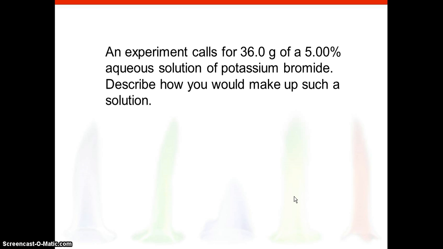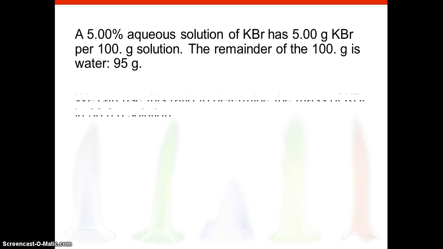Now let's take an example. An experiment calls for 36 grams of a 5% aqueous solution of potassium bromide, KBr. Describe how you would make up this solution. Here percent is given. So first thing we need to consider is what we need to calculate.